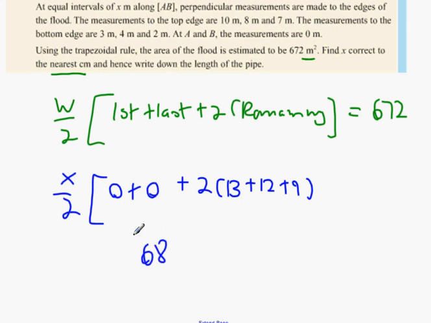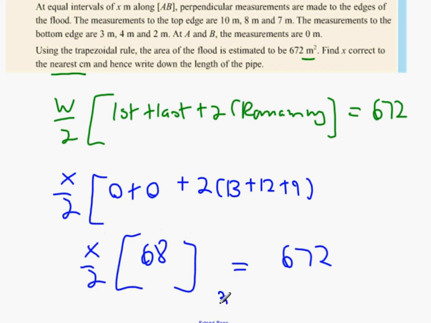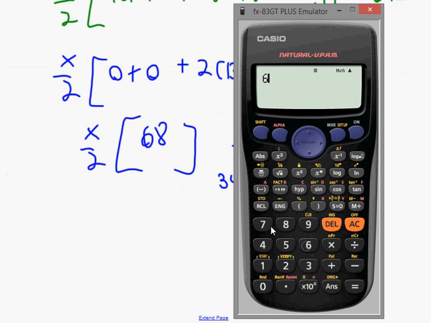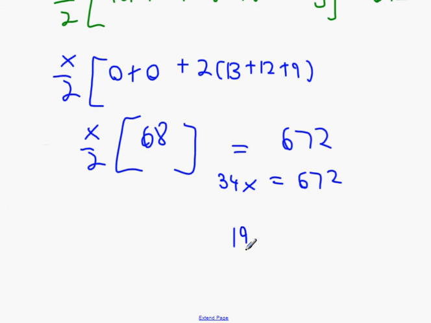X over 2 multiplied by 68 equals 672. 34X equals 672. What's 672 divided by 34? 19.765.